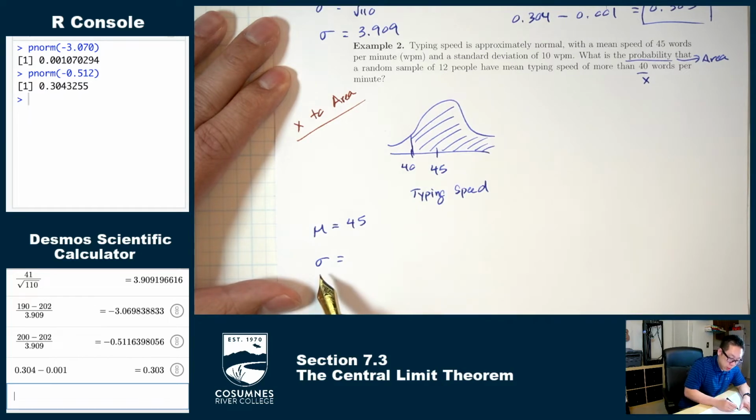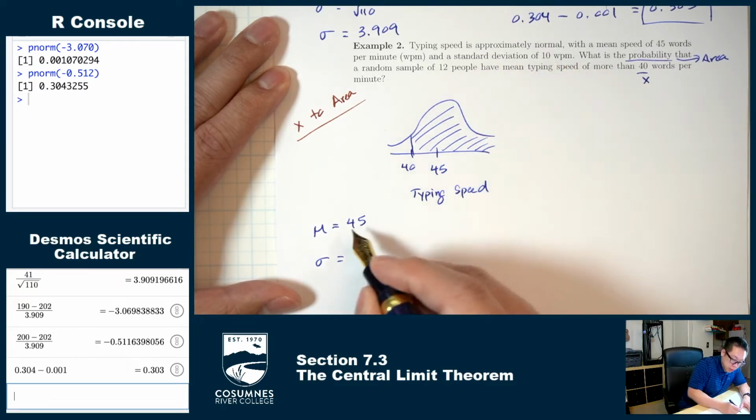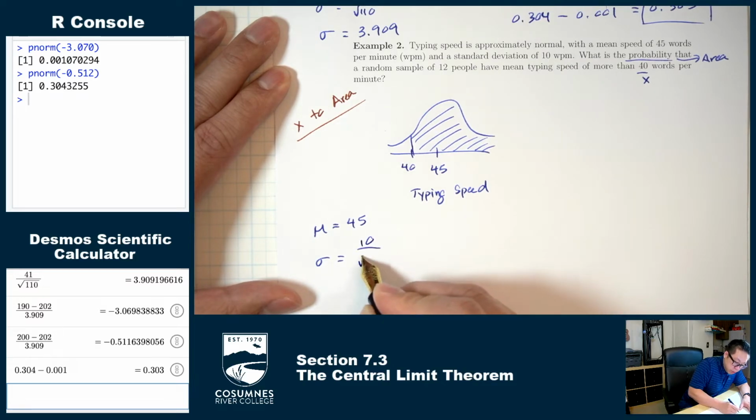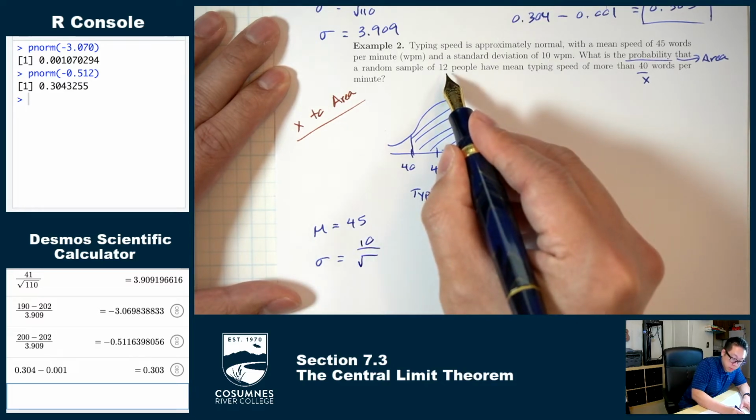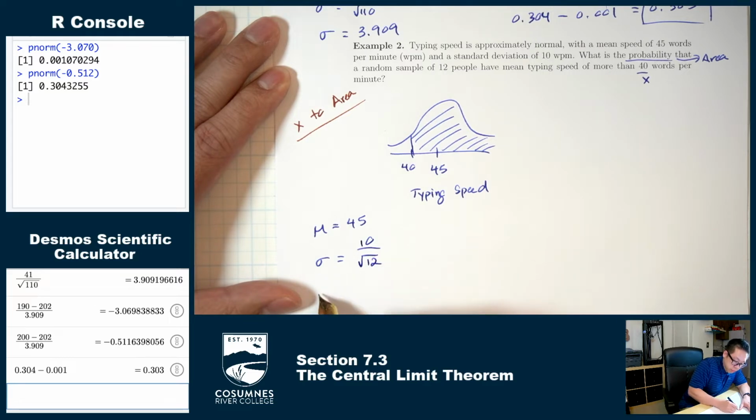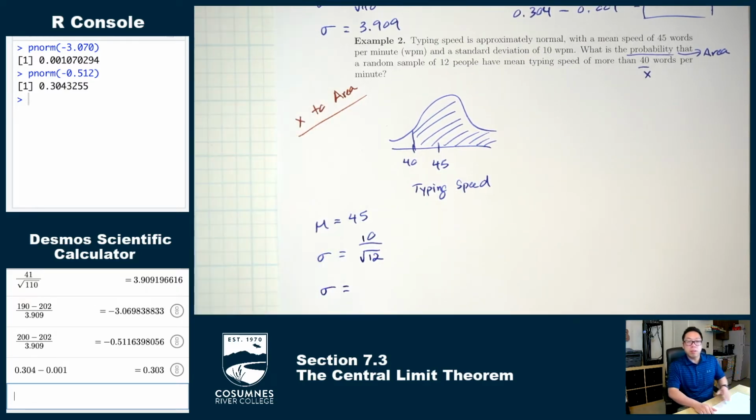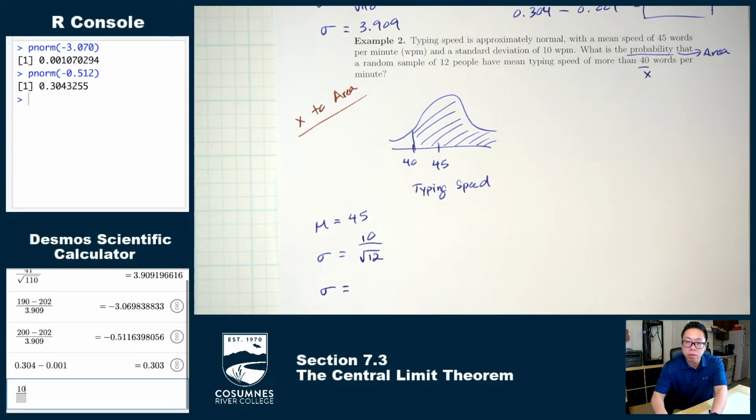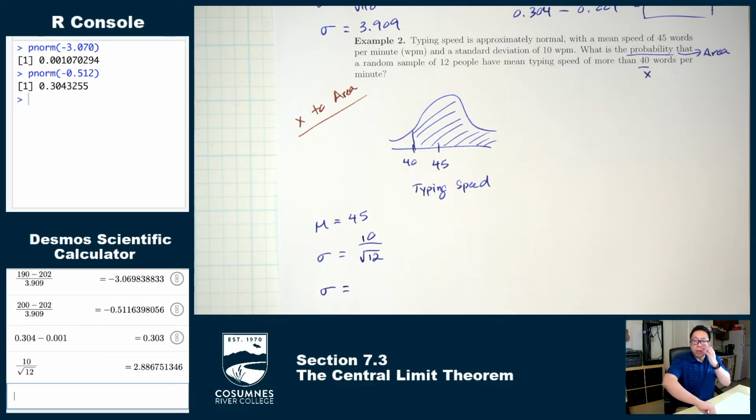So my standard deviation is going to be the original standard deviation, 10, divided by the square root of the sample size, 12. So the standard deviation I should be using is 10 over square root of 12. Rounded to 3 decimal places, this is 2.887.